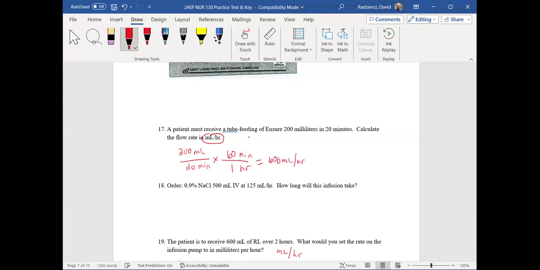Doesn't that seem extreme? But just because you're setting the infusion pump to 600 milliliters per hour doesn't mean that it's going to keep running at that rate. I imagine after 20 minutes, you're going to shut it off. Or if you think about it, 200 milliliters is really not a whole lot of liquid. Remember, I told you 240 milliliters is 1 cup.